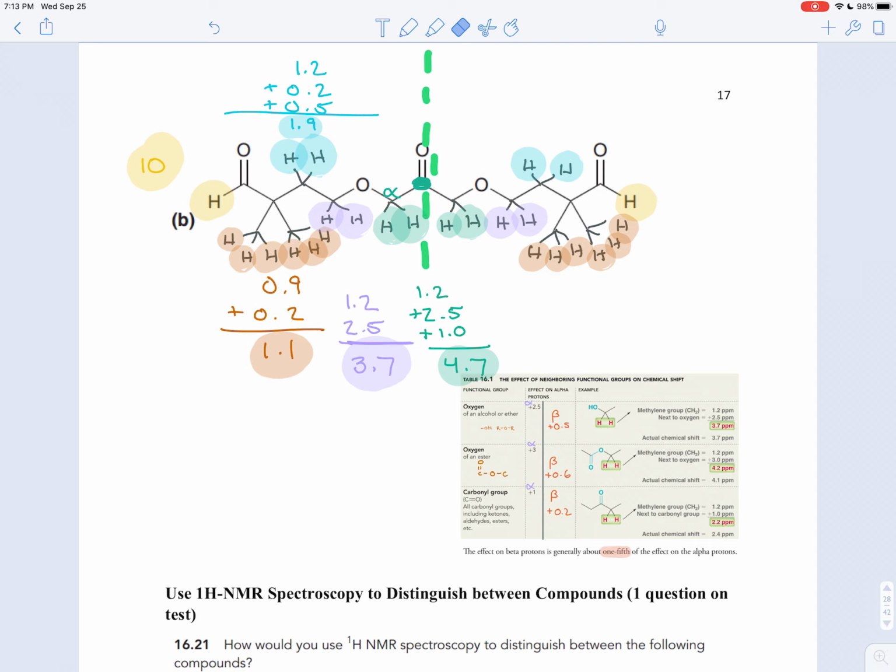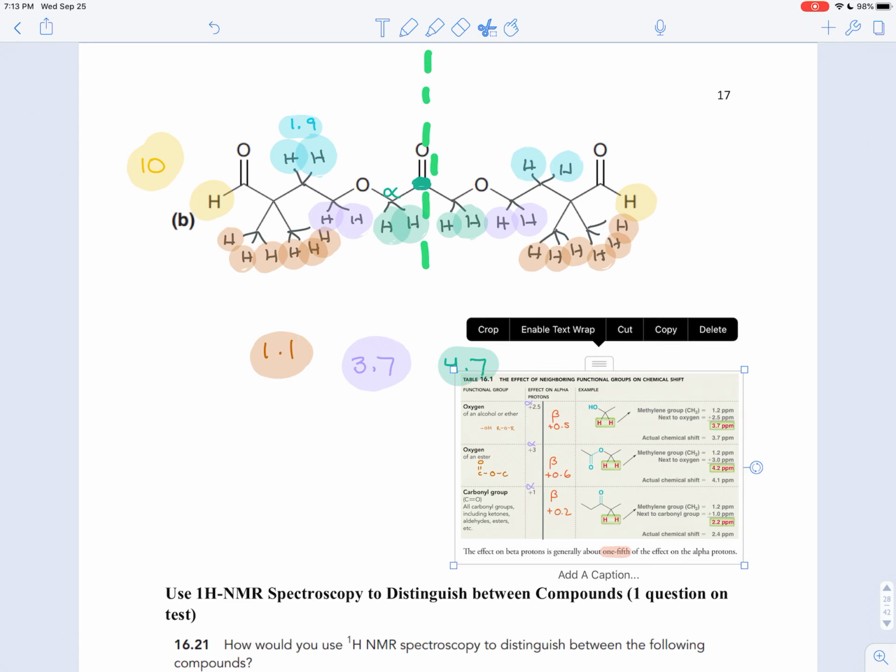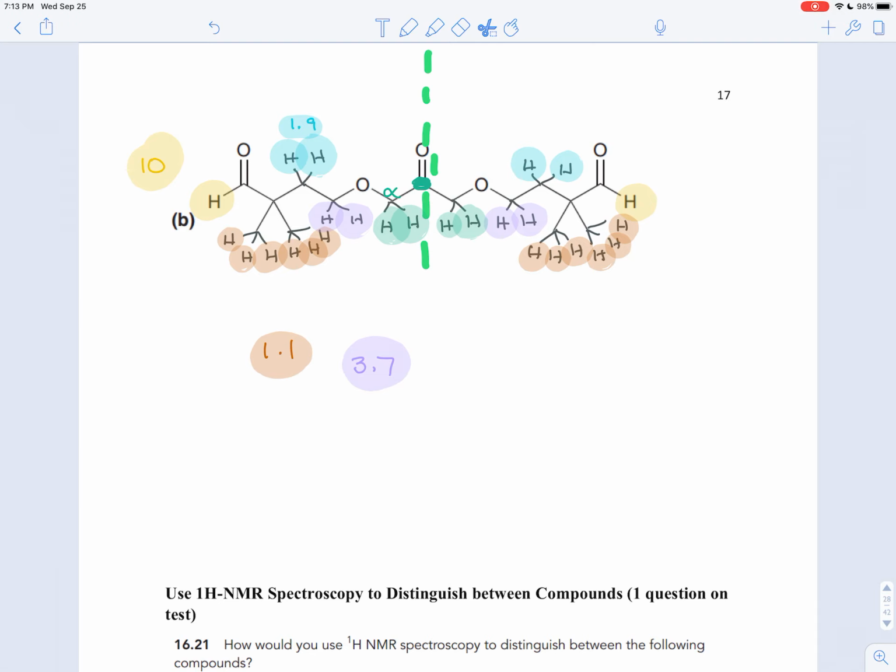All right, let me erase this arithmetic so that we have room to find the other features of the molecule. So we'll clean this up. These are the places where we're going to draw these peaks when we draw the NMR spectrum. Okay.